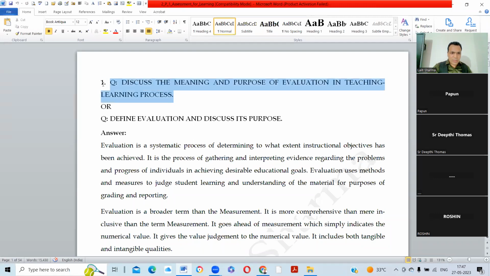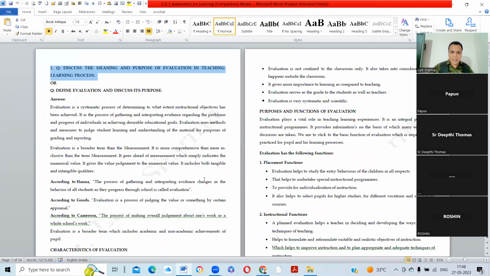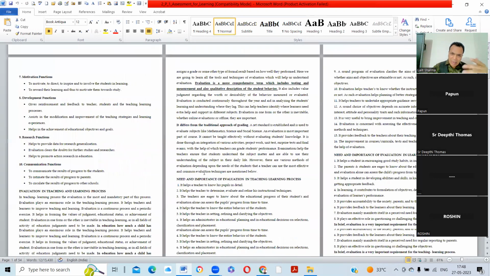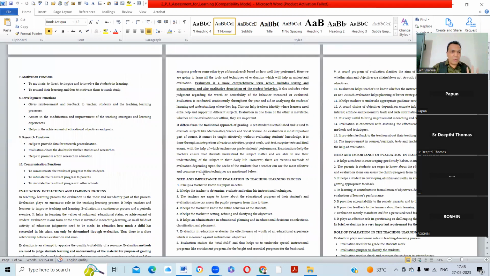So the first question I have made is this. Here we will come to know about the meaning and purpose of evaluation in the teaching learning process. We have come to know about evaluation. Assessment we have discussed, the meaning, purpose, and this. So yeah, the first question we will discuss. After that, I have even made question answers, easy for you.